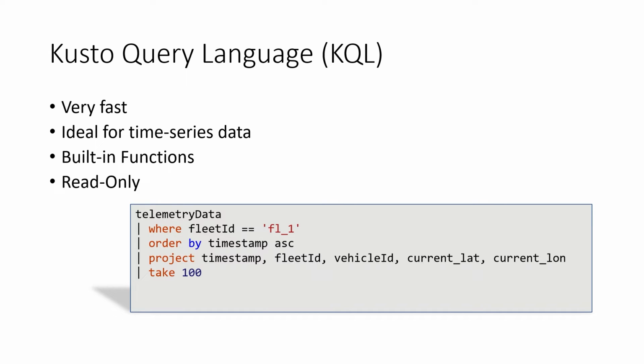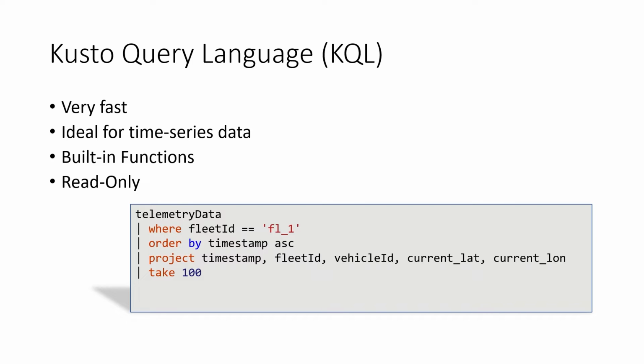There isn't any way to use this language to go back and update existing records or to insert rows. You need to use one of the ingestion methods I mentioned earlier if you want to insert data into an ADX database. This is strictly for reading data. And that's one of the reasons it is so fast, because Kusto is optimized for reading data. It doesn't have to go back and check and find rows and update them.